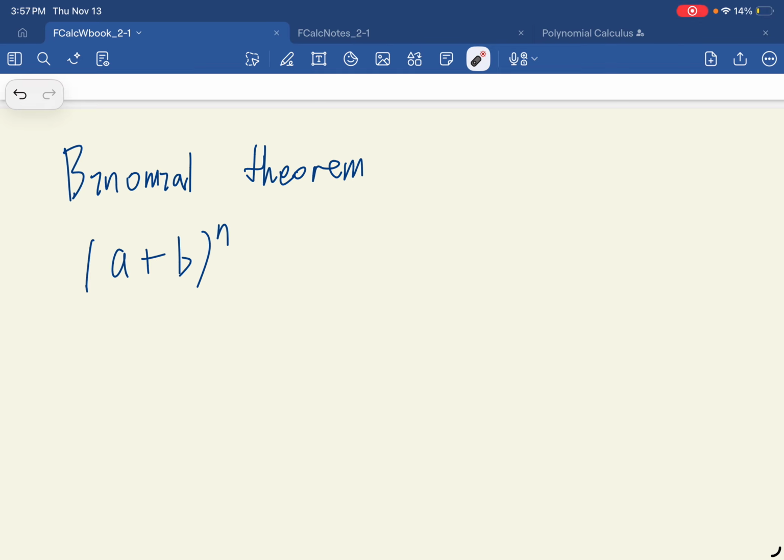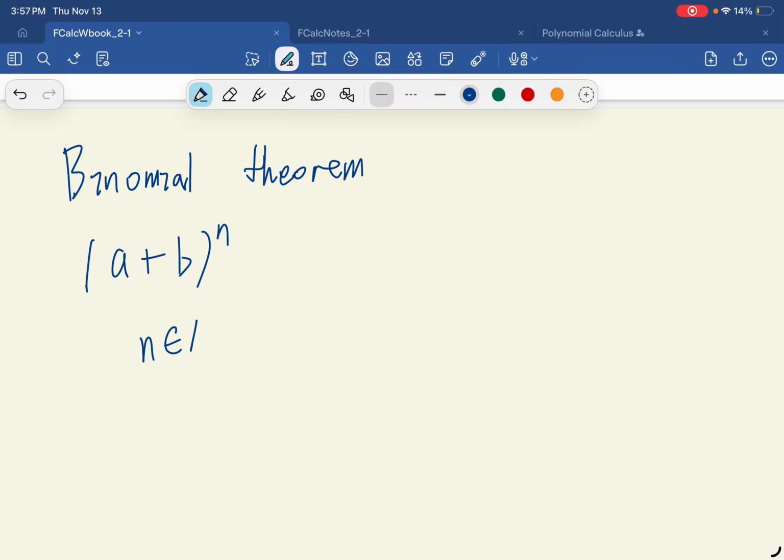I want to raise this to the power of n, where n is a natural number for our purposes. Okay, how can we expand this? A great way to understand this is to imagine that I have n brackets. If we write this all out, it's going to be n brackets multiplying each other.